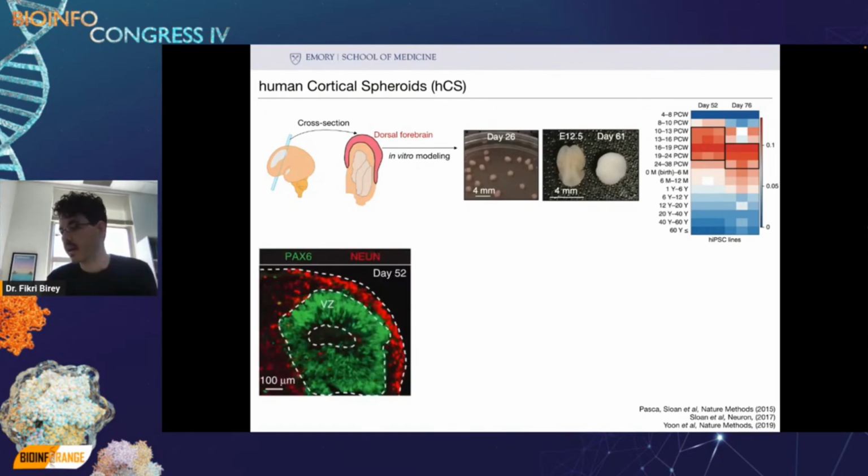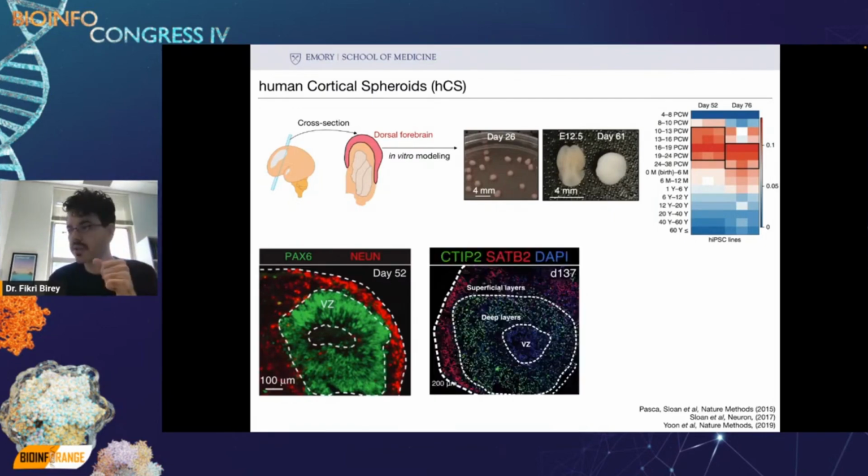And then we did a lot of characterization showing that they had these cellular features that were reminiscent of the developing cortex. The ventricular zone like structures that had these progenitor pools. They had this lamination like structure to them, where there are the deep layers and the superficial layers, just like how it is in the real cortex.